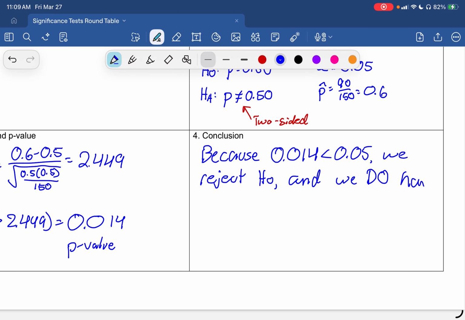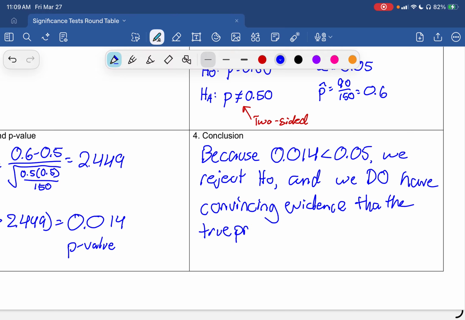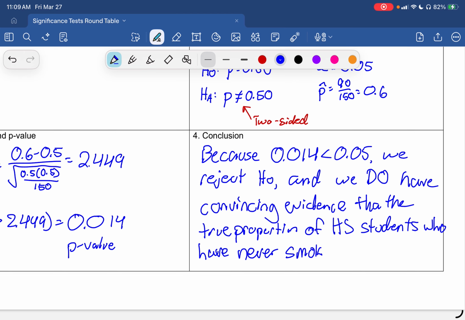and we do have convincing evidence that the true proportion of high school students who have never smoked is not 50%.